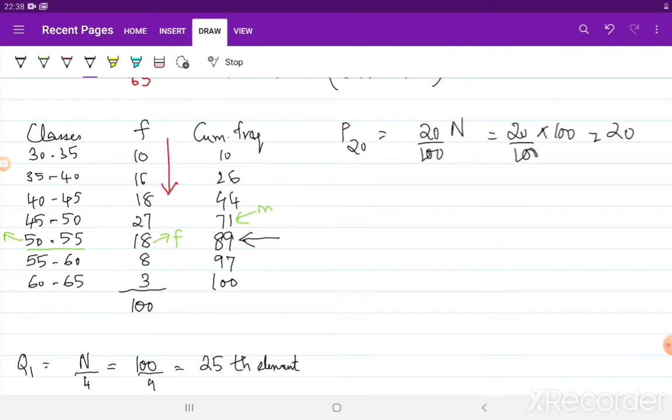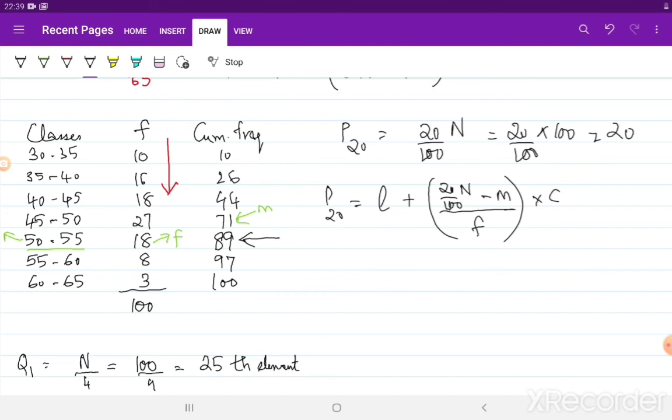So once again, your formula for P20 will be the lower limit L of the P20 class plus 20 by 100 times n minus m divided by f, where f is the frequency of the P20 class, into c.